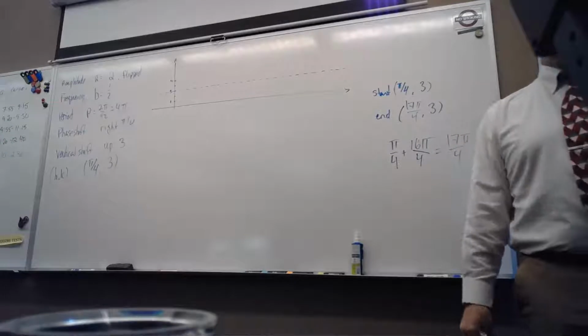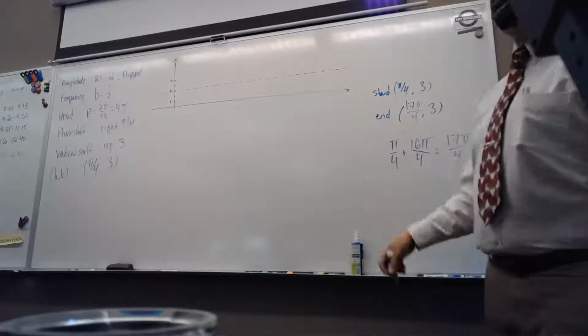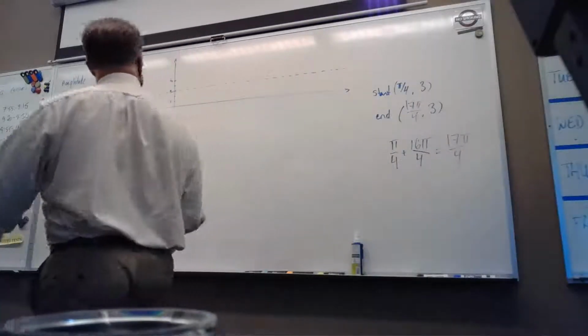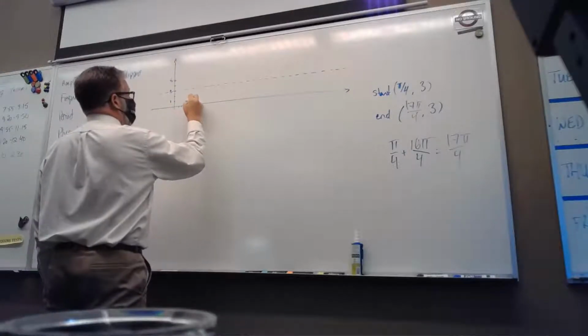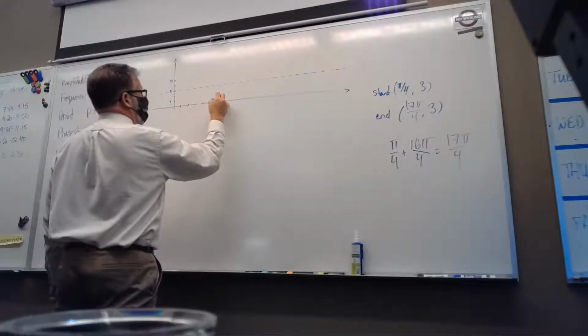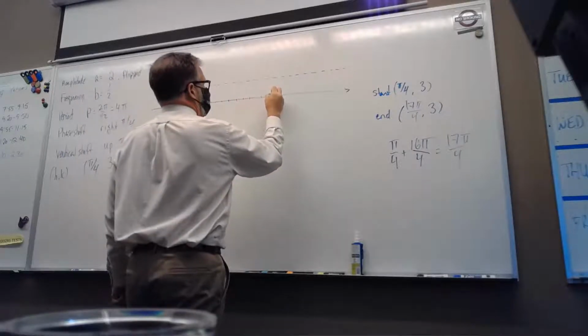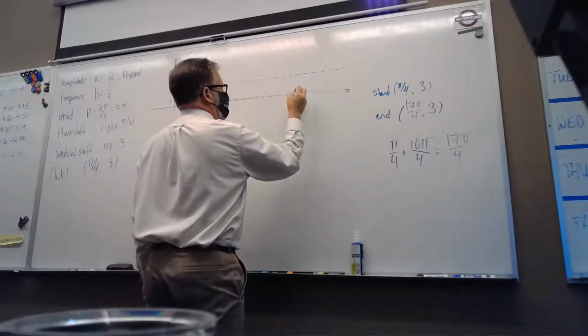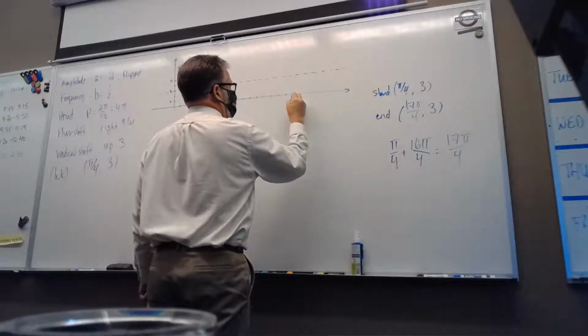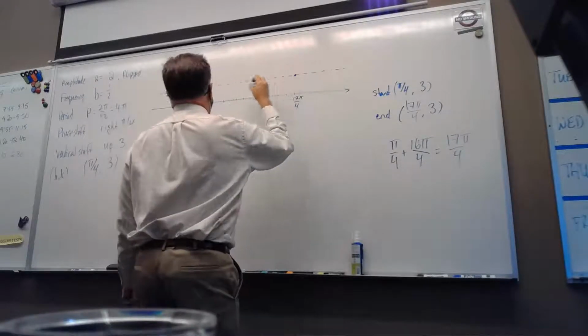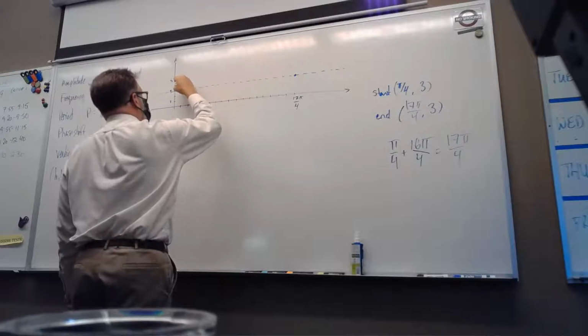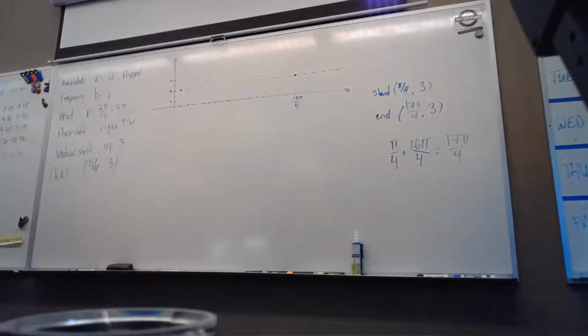So now I know how big I need to make my scale. I need to get to 17 pi over 4. So I can just go 1, 2, 3, 4, 5, 6, 7, 8, 9, 10, 11, 12, 13, 14, 15, 16, 17. And 1. That makes sense? We good with that?